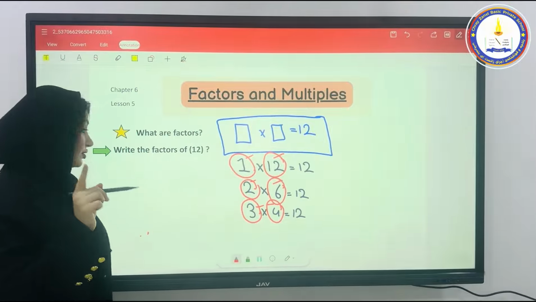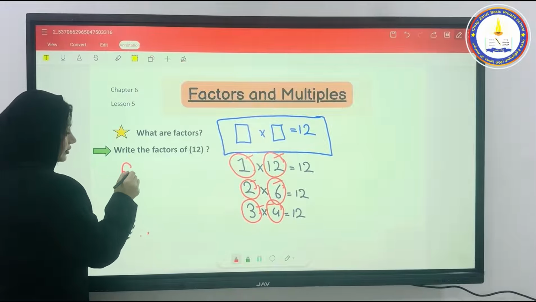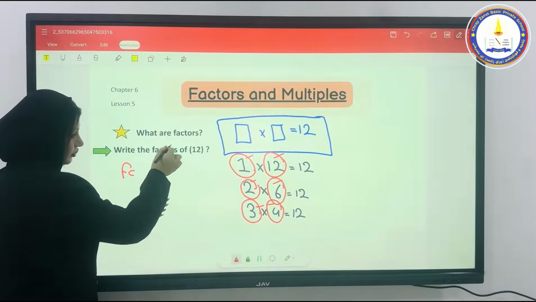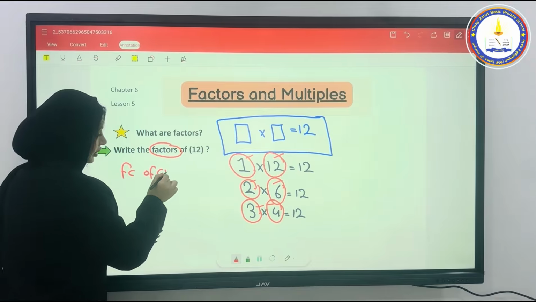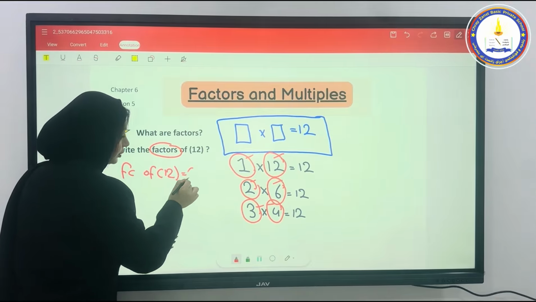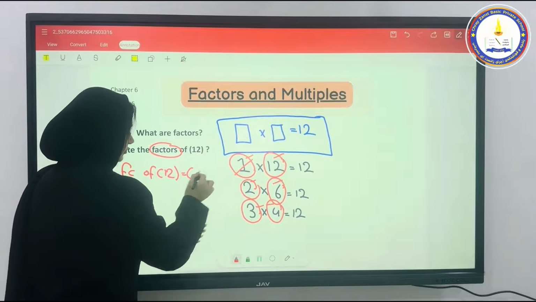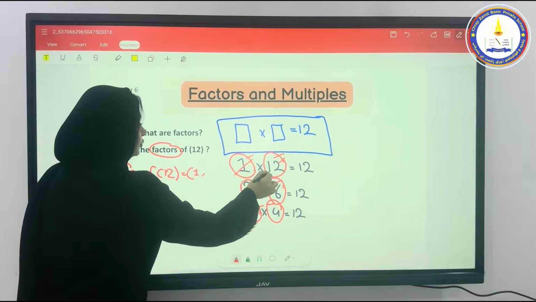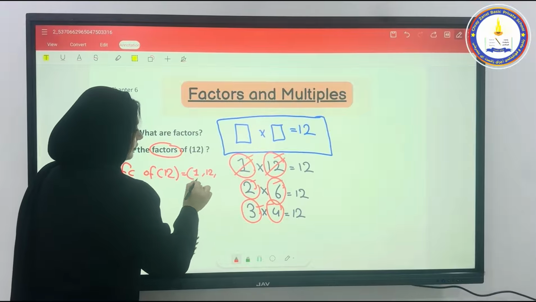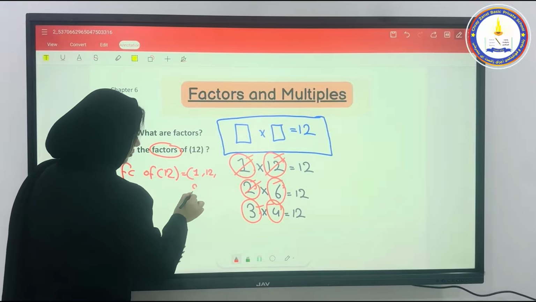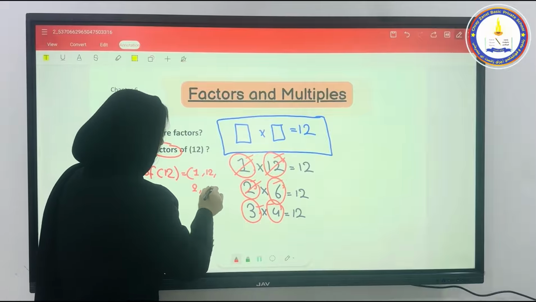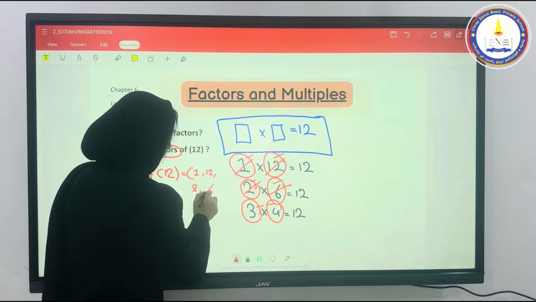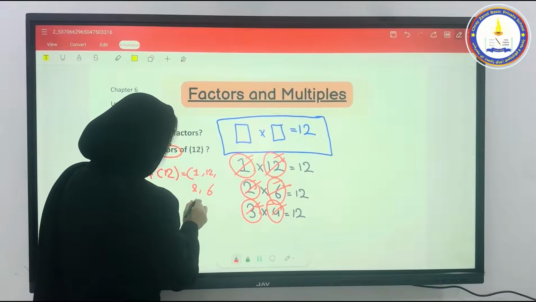So how are you going to write it for me? Factors of 12, teacher, equal to 1, then 12, then 2, I don't have space, that's why I'm writing down, then 6, then 3 with the 4.